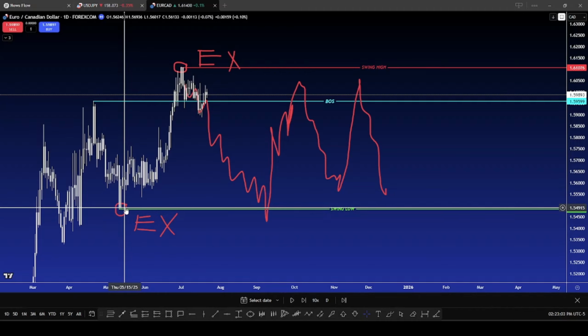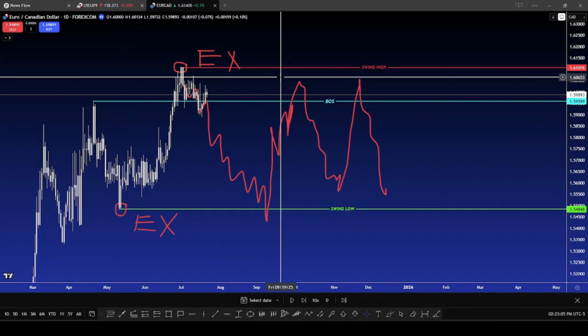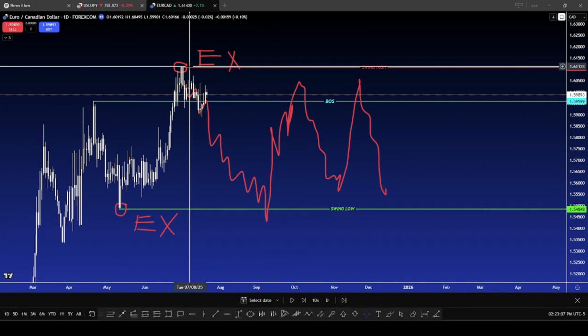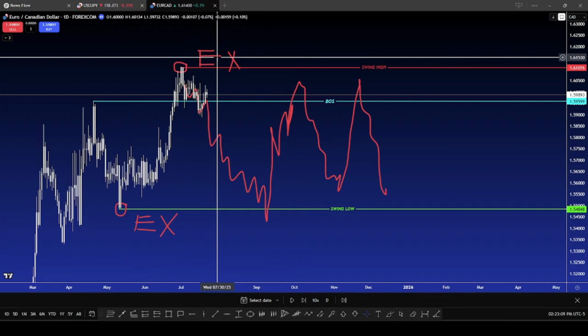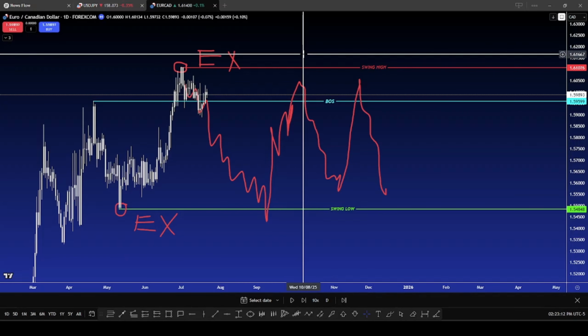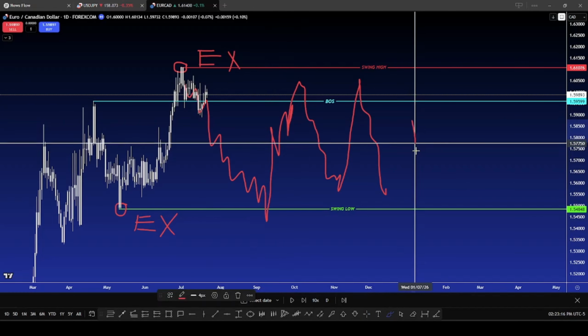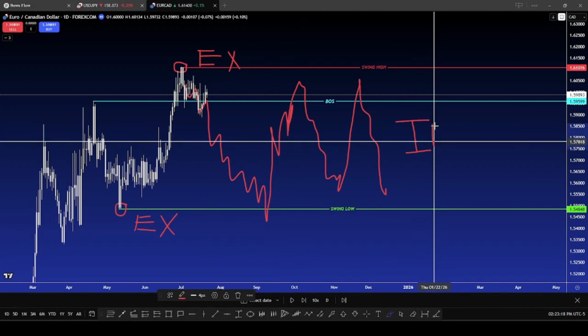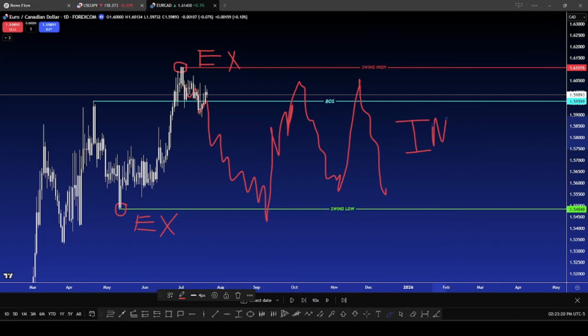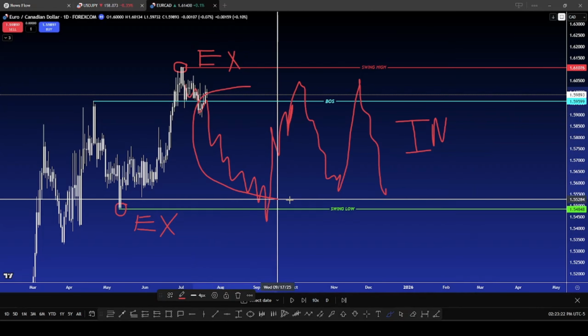That external range, that swing low, or above this external range, which is the swing high. If price did not get above it or below it, it is internal. Okay? This is all internal.